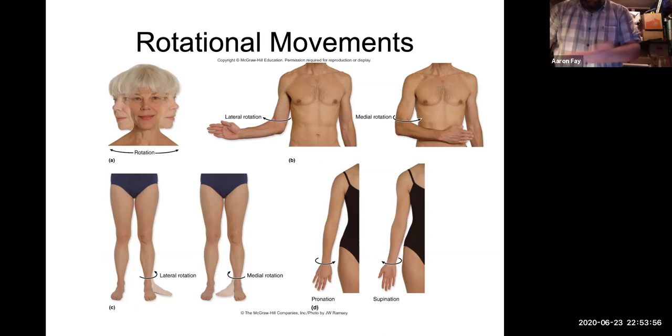This is a medial rotation. What bone is rotating? Think about that. Start, stop. That's a lateral rotation because my arm is moving away from the center line of my body. You can do the same thing with your lower limbs as well.